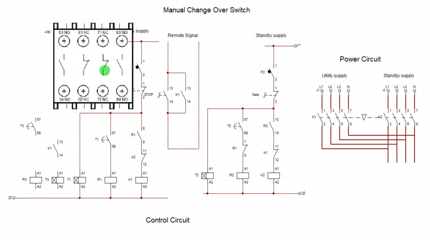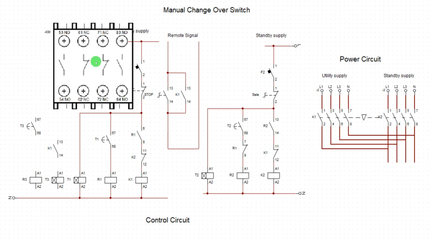This one has two NC and two NO. If you want to use them, you buy the entire component. You buy this 4-in-1 and attach it on top of the contactor body. So you can now use them.